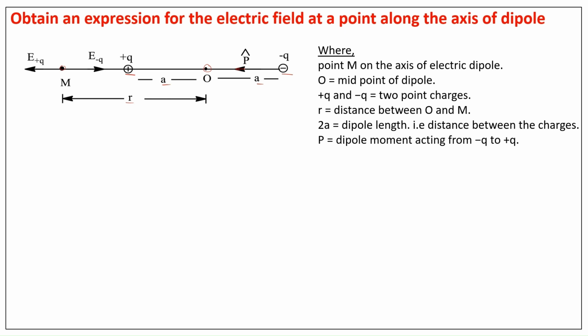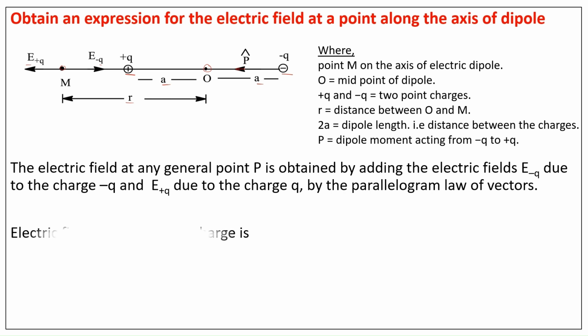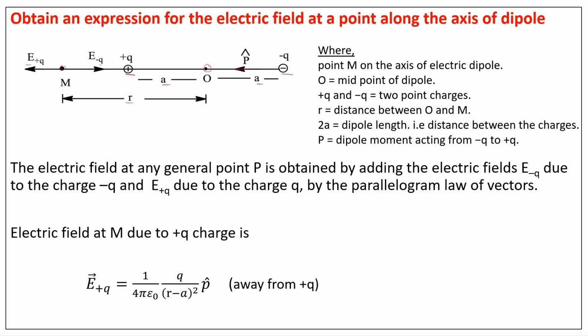The electric field at any general point is obtained by adding the electric fields E minus q due to the charge minus q and E plus q due to the charge plus q by the parallelogram law of vectors. Therefore, electric field at M due to plus q charge is E plus q is equal to 1 by 4 pi epsilon naught into q by (r minus a) whole square into p cap.